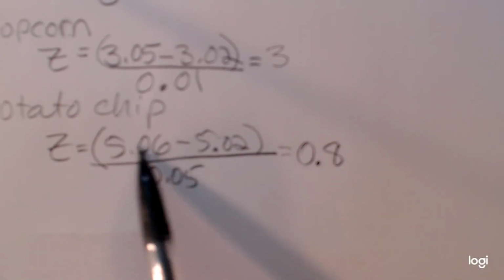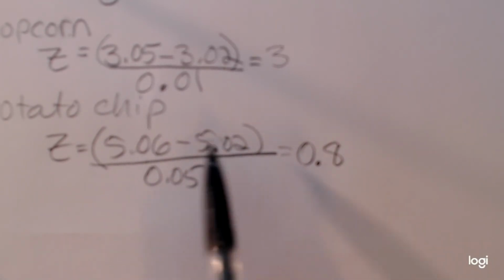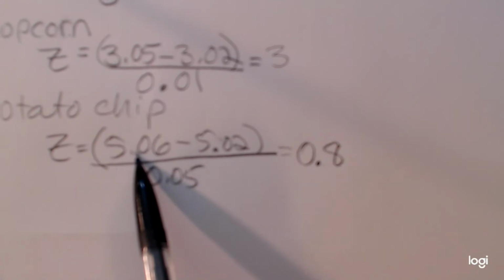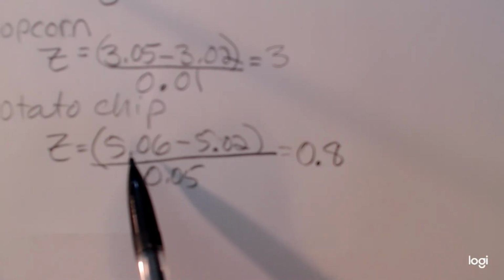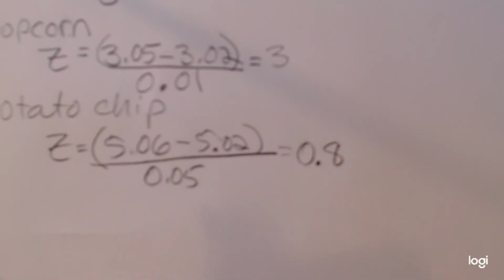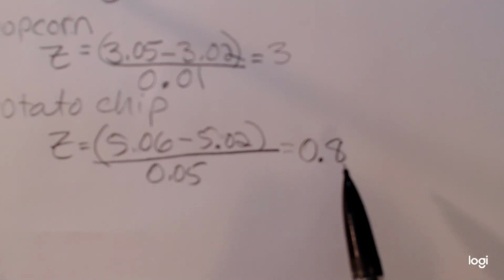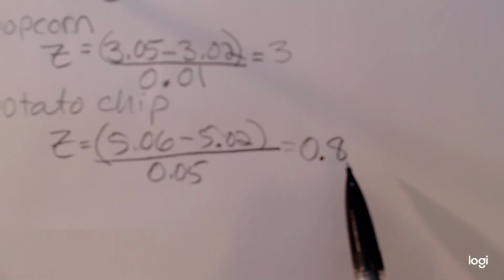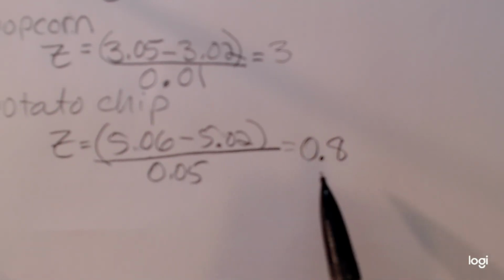If the potato chip bag had a weight exactly equal to the mean, then this z-score would be 0. So in terms of which one of these assembly lines is closer to meeting the required target specifications, it would be the potato chip assembly line.